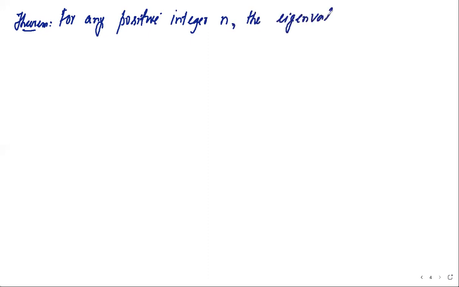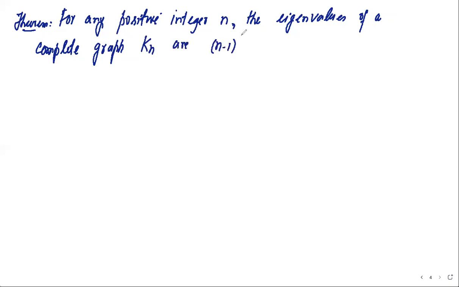For any positive integer n, the eigenvalues of a complete graph Kn are n minus 1 once and minus 1, n minus 1 times.